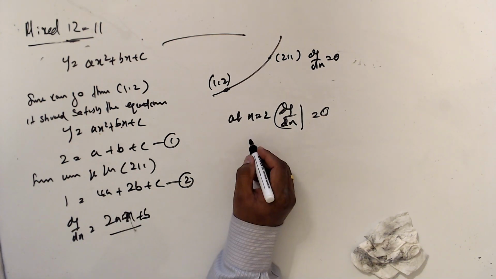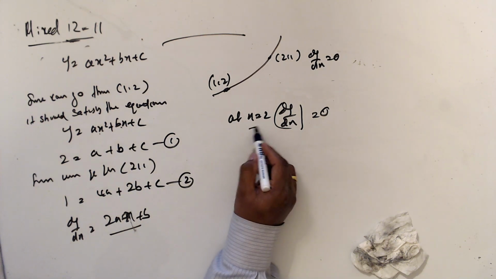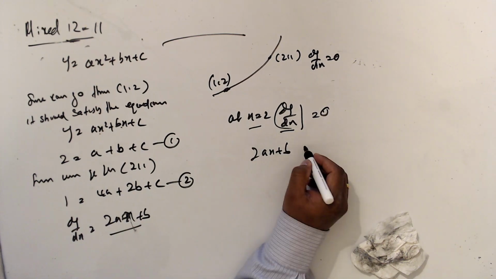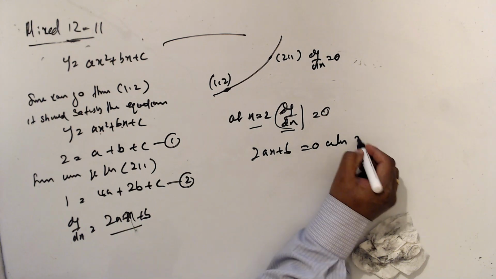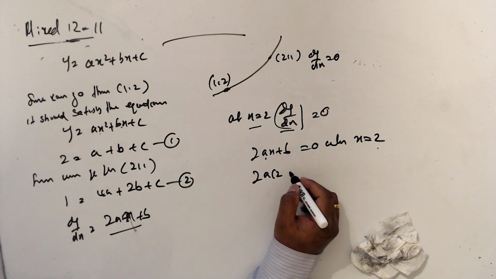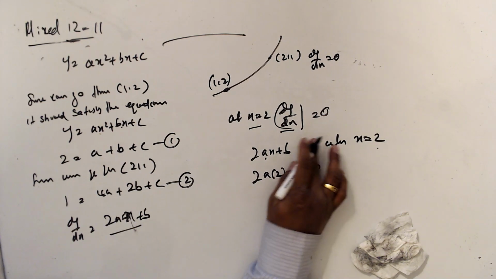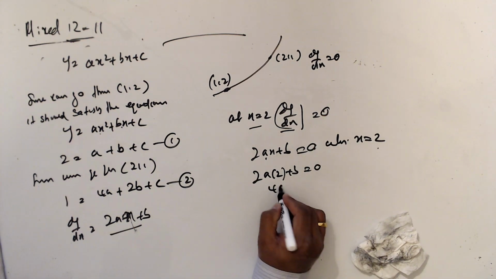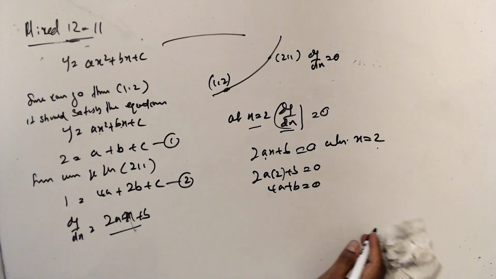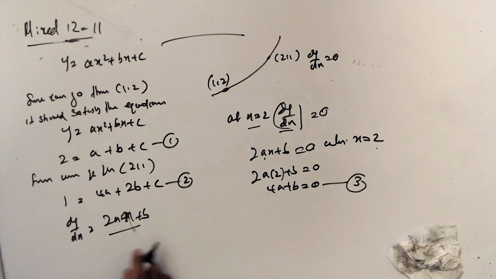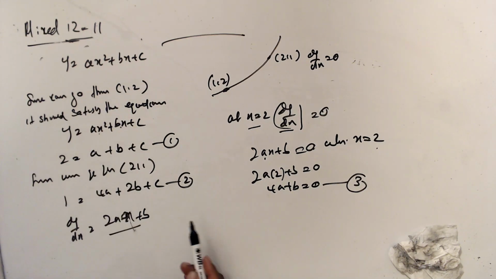What is dy/dx? 2ax plus b is 0 when x equals 2, so we substitute: 2a times 2 plus b equals 0, so 4a plus b equals 0. This is the third relationship. Three unknowns, I need three equations.